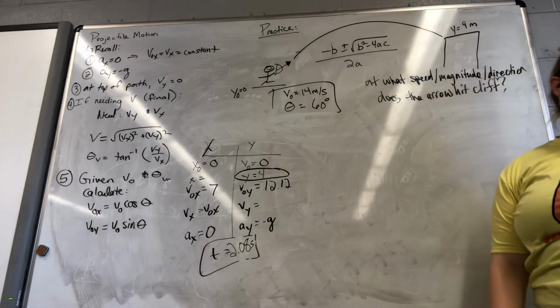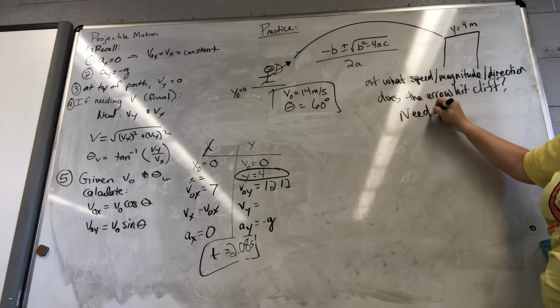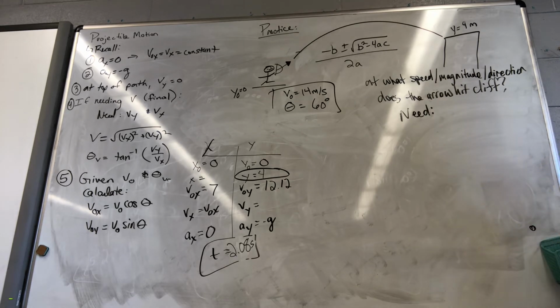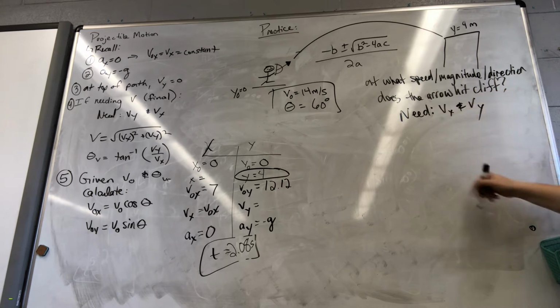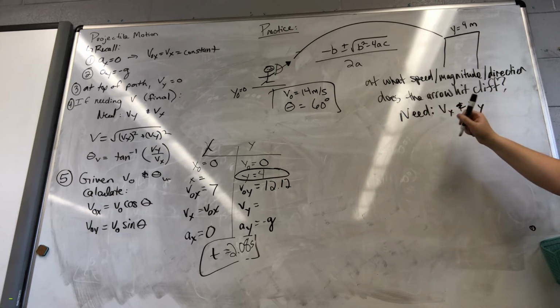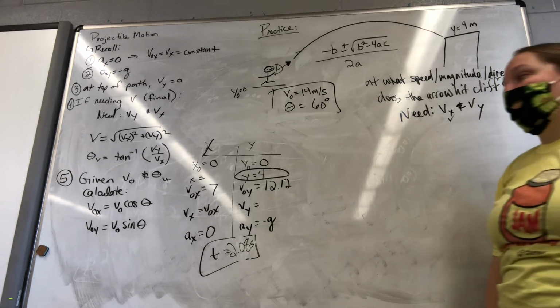If I'm asking at what speed and direction the arrow hits the cliff, what pieces of information do I need? I need Vx and Vy. Do I have one of those already? Yes. So I just need Vy. So let's find an equation.